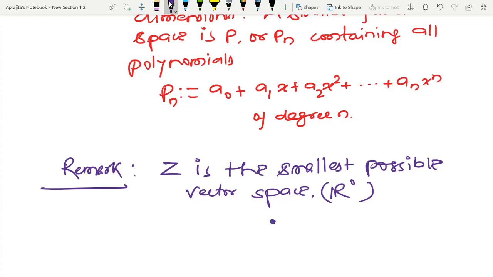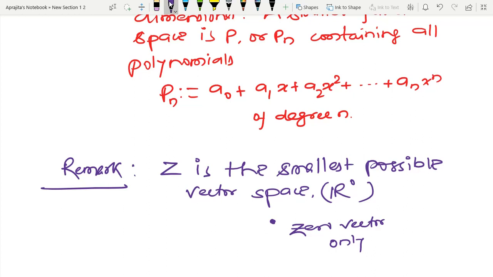This space only contains the 0 vector. So I am denoting that 0 vector by this point. So this is the smallest possible vector space. And what is the largest possible vector space? We have already seen that it is the function space, or something more which will satisfy the properties, meaning vector addition and scalar multiplication.